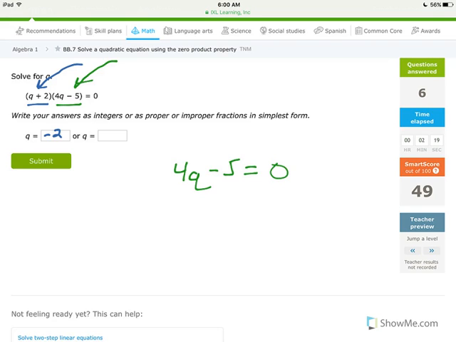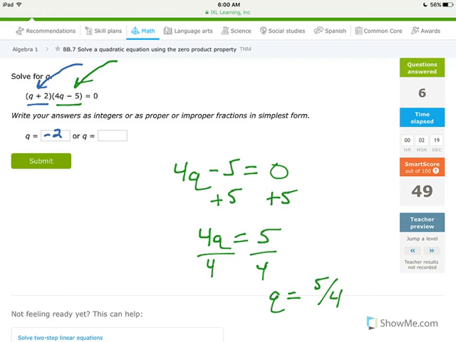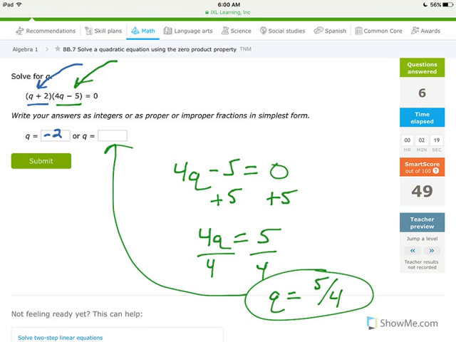So how can that set of parentheses work out to be 0? Add 5 to both sides, and divide by 4. So q would need to be 5/4. And that's going to be your second value for q, so you just want to put 5/4 in the answer box.